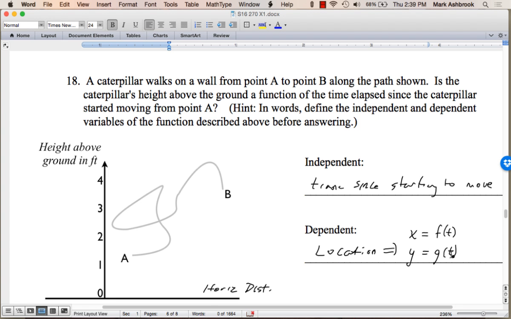But these two things taken together as a location, an x and a y, would be a function relationship, a function of time since starting to move, right? Because given any time since starting to move, can the caterpillar be in more than one location at once? No, so pick a point here. Let's call it T1.